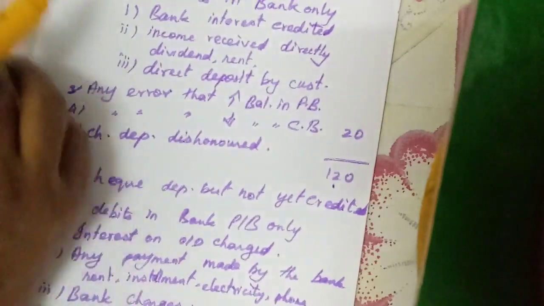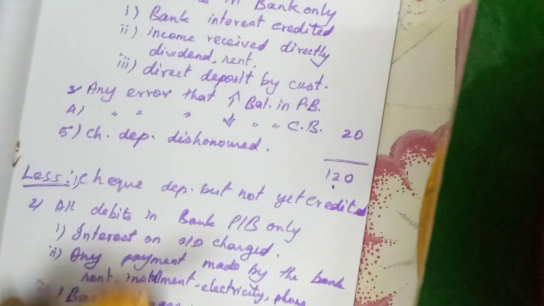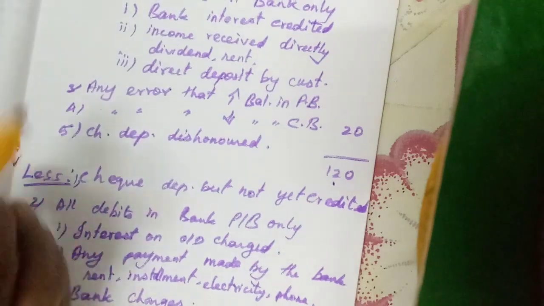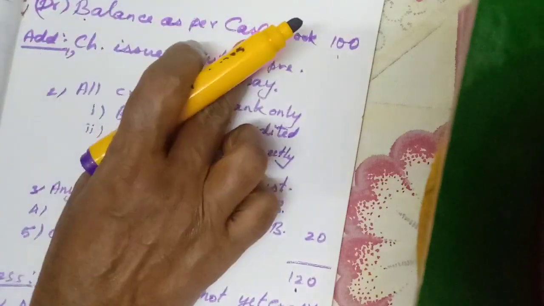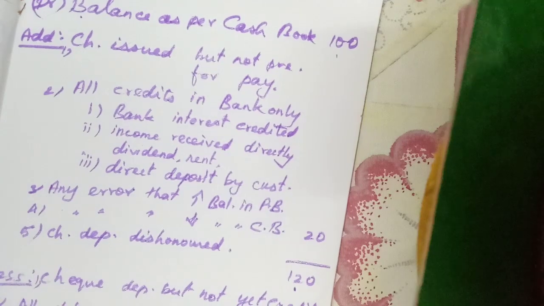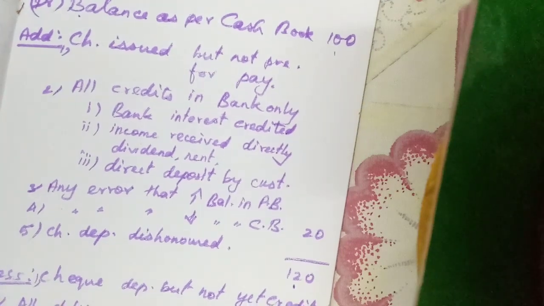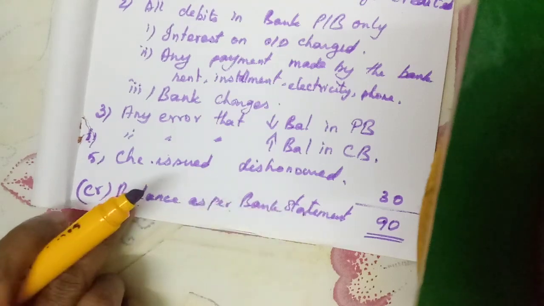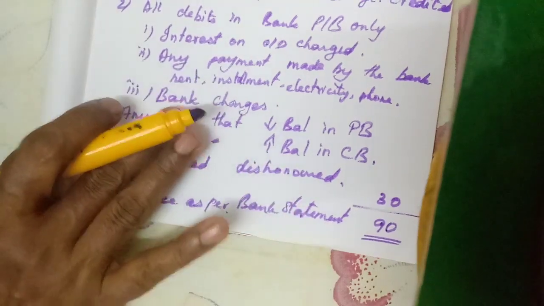The other two balances, these two are favorable balances. If they give balance as per cash book, we need to add these items and deduct these items. But if they give the bank passbook credit balance, we need to do the opposite.